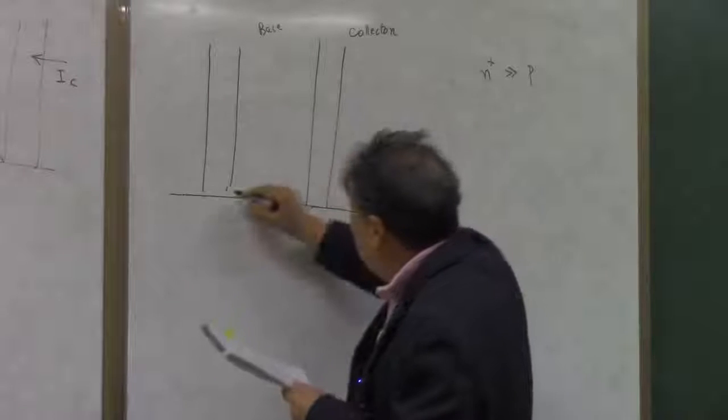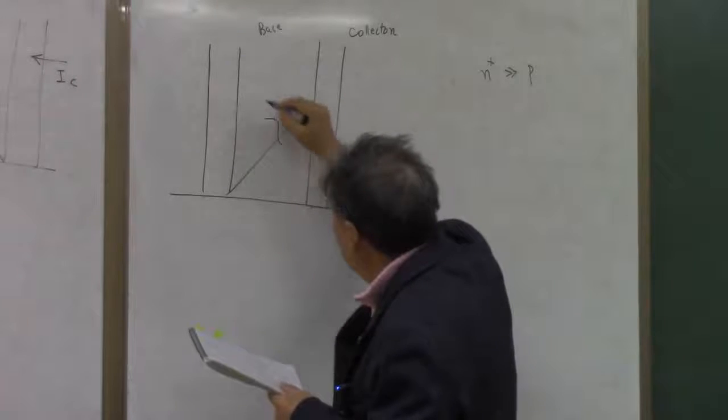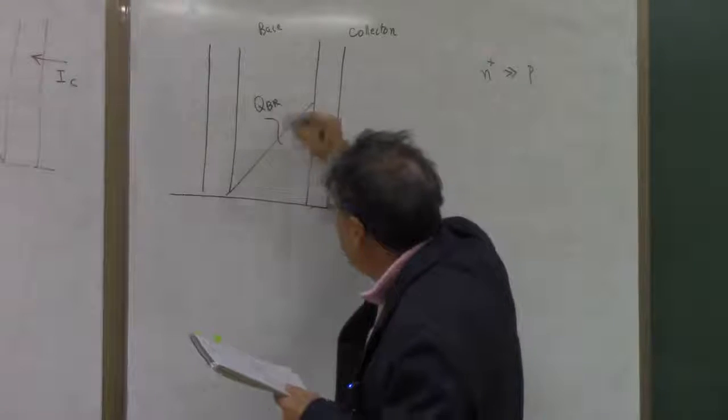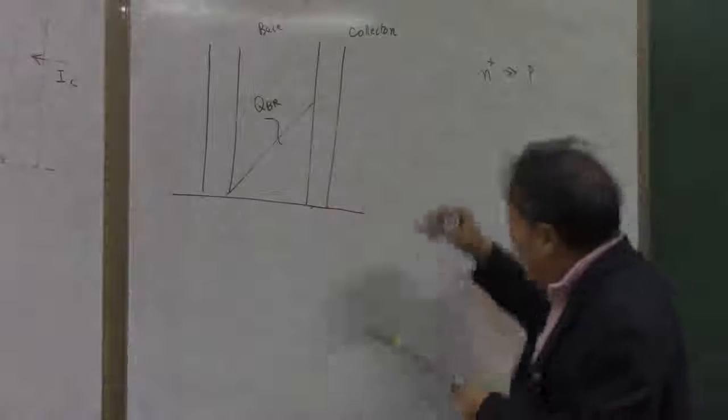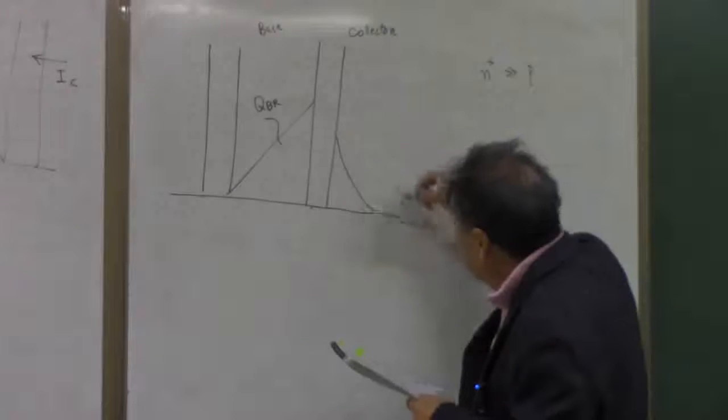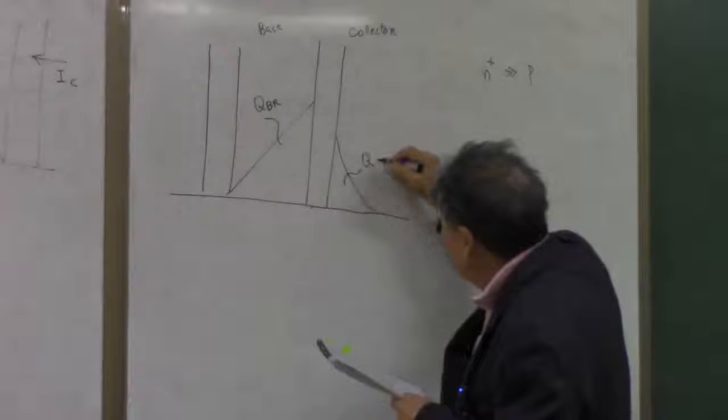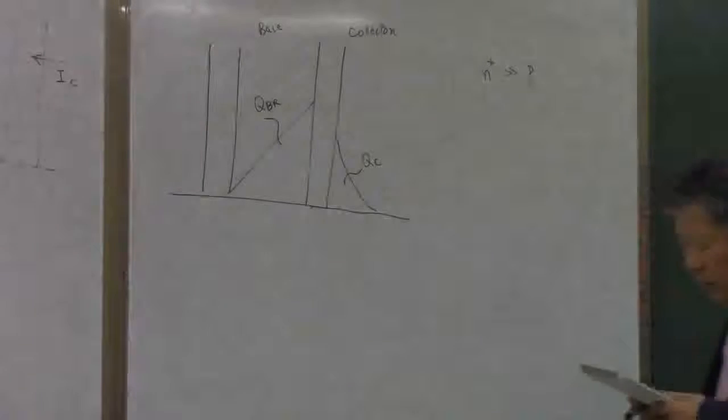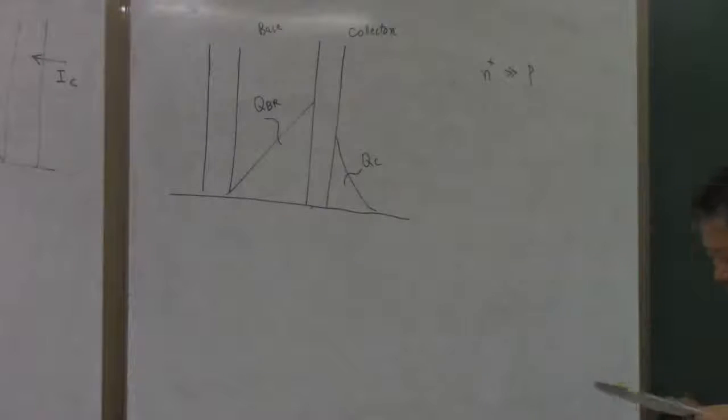Now we have QBR, reverse bias, in the base, and then QC for the reverse bias, the collector. Okay?